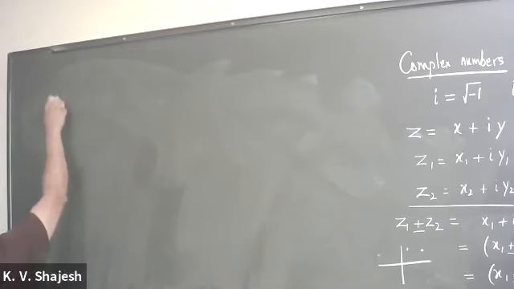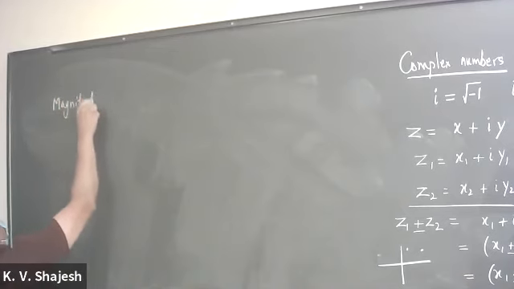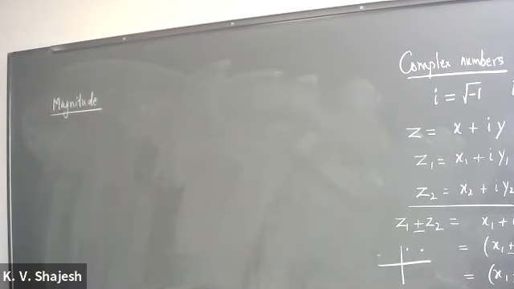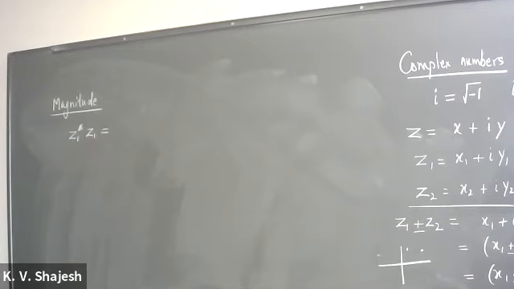What is the magnitude of a complex number? Since we defined multiplication, it is good to ask what is z1 star times z1. As z1 is a complex number, we defined what is z1 star times z2, two different complex numbers.